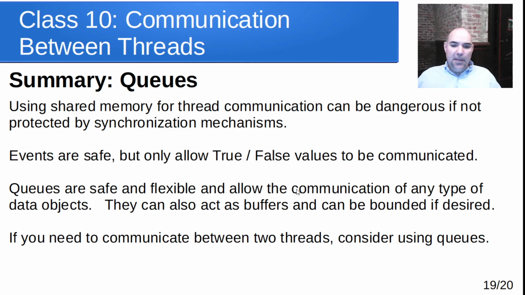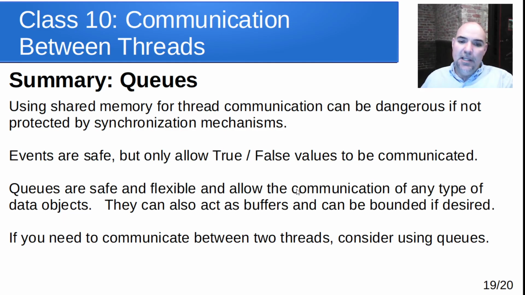So if you need to communicate between two or more threads, you probably want to consider using queues rather than doing it yourself, because it's already done for us and it's guaranteed to work and be safe. If you have special needs, like the bank account thing we did where you want to create monitor methods around the bank account and logging or whatever, then you can still design your own using your own condition variables.